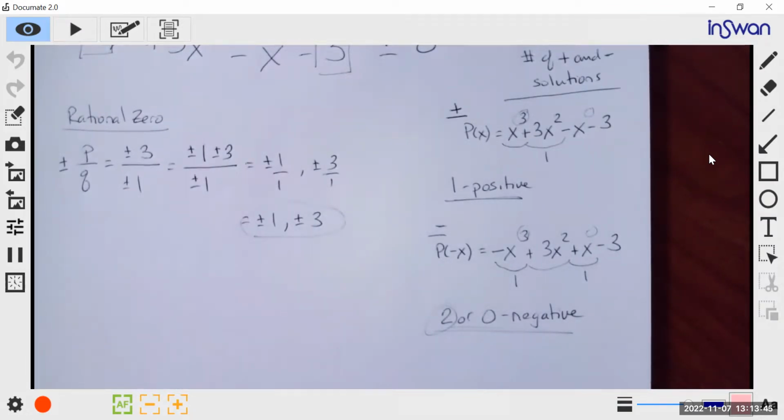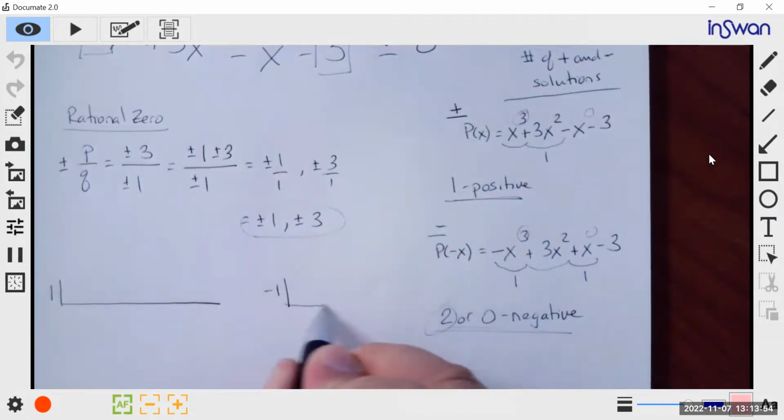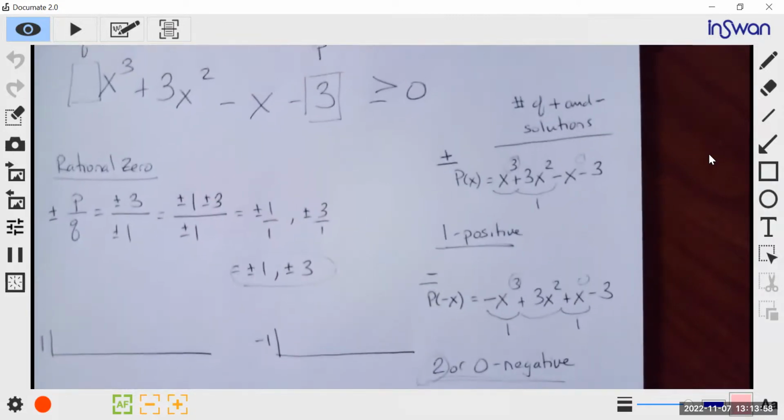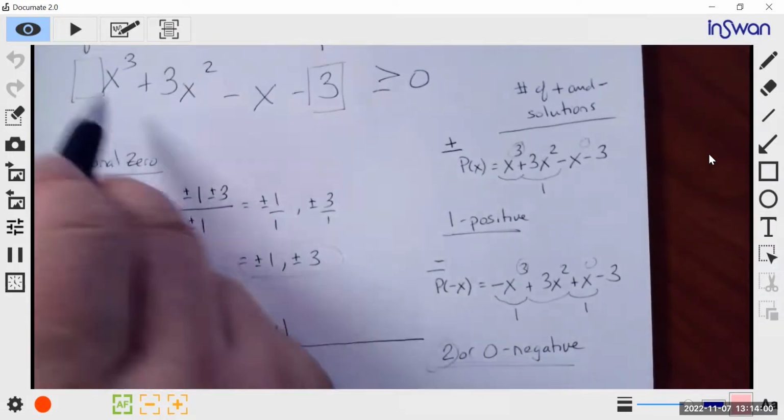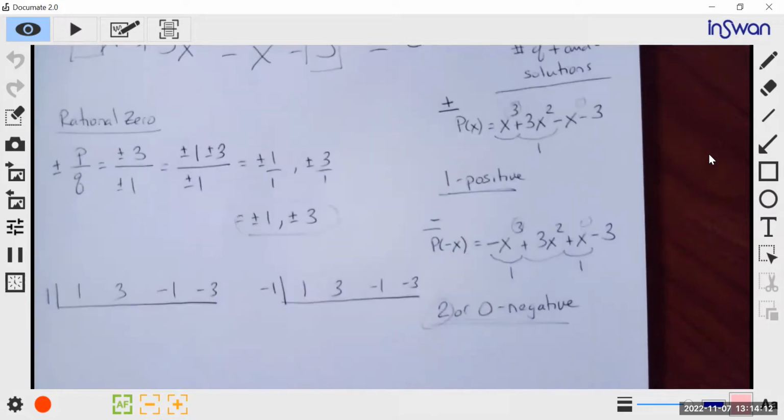So what do we do with them? Then we use synthetic division, right? And we look at positive 1 and negative 1. And inside here, I only put the coefficients: 1, 3, negative 1, negative 3.